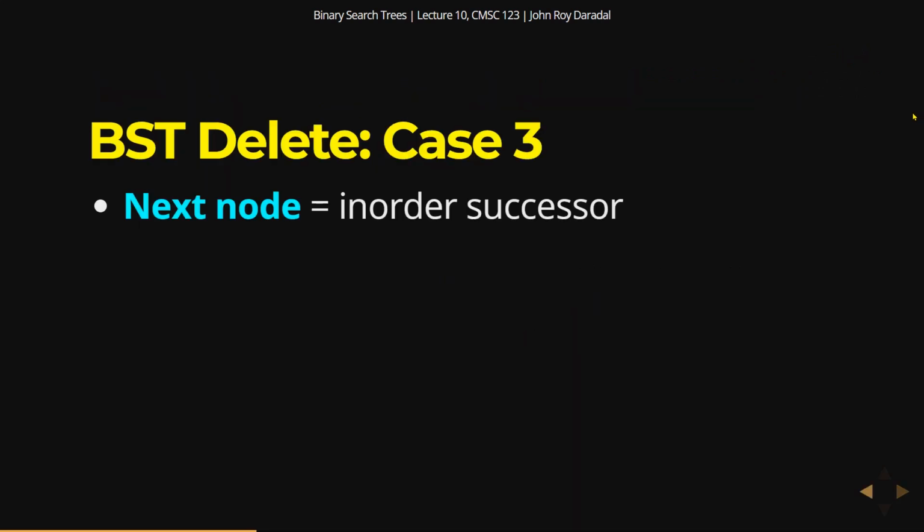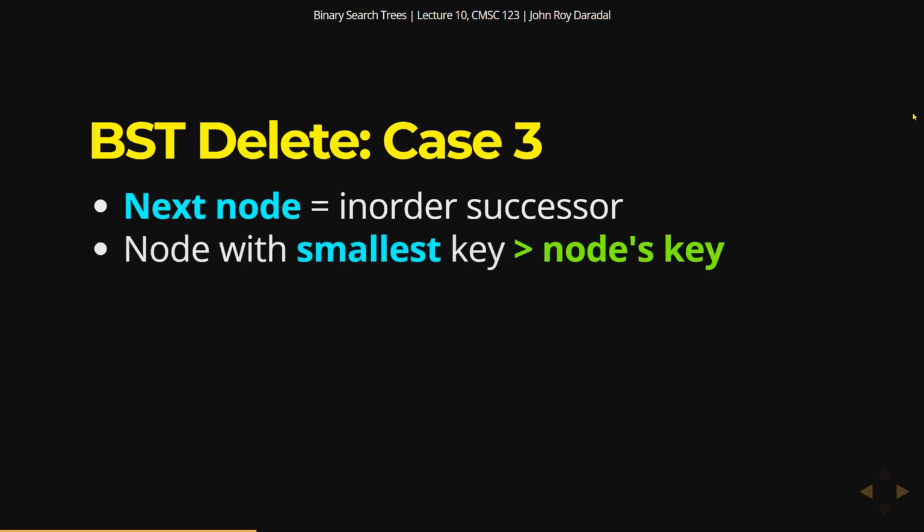So the next node is actually the in order successor of the deleted node. So this is the node with the smallest key that is greater than the node's key. So it's a successor, right? So it should be greater than the node's key, and it's the next successor, so it should be the smallest key greater than the node's key.